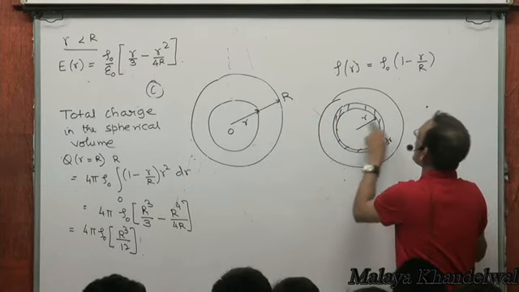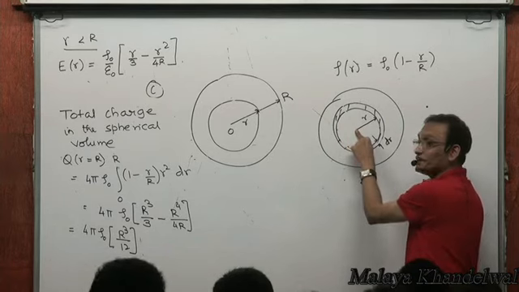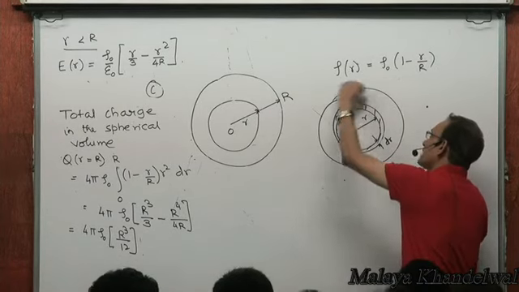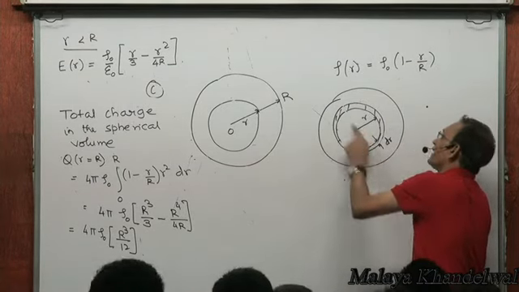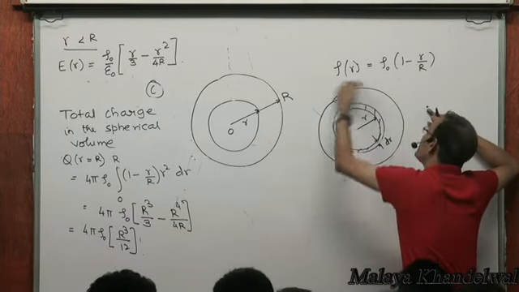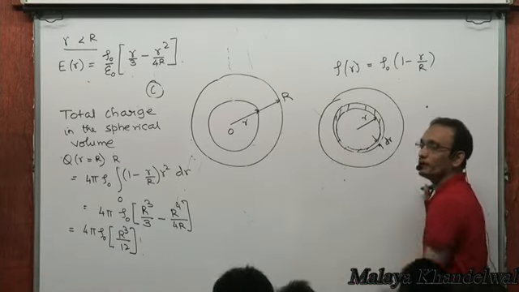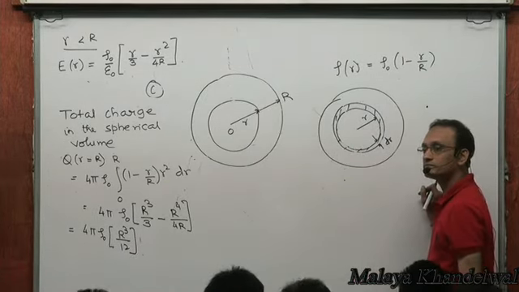So for all points outside this shell, I can imagine this shell to be a point charge at the center. So every shell that constitutes this region could be imagined, for the sake of this point, to be a point charge at the center. Therefore this entire charge q at R could be imagined to be concentrated at the center.